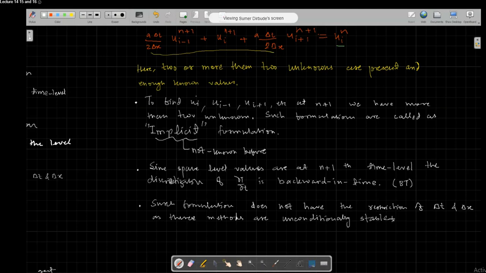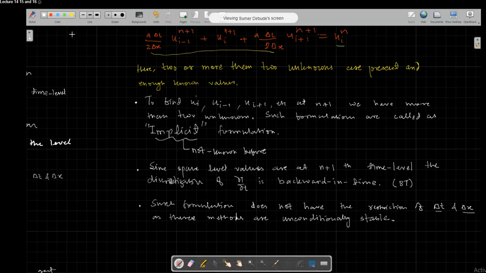Okay, so there is no condition needed in order to use this particular method. There is no restriction on delta t and delta x as such.